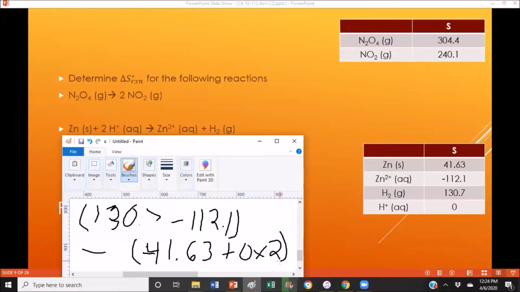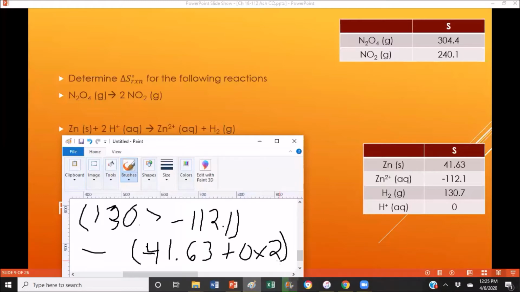It has to surround the zinc and dissolve it. And so the degree of hydration results in a net decrease in entropy. The water has limited freedom. So even though the zinc part makes it more random, the water hydration makes it less random. And so we see a net decrease in entropy when we dissolve zinc in there.